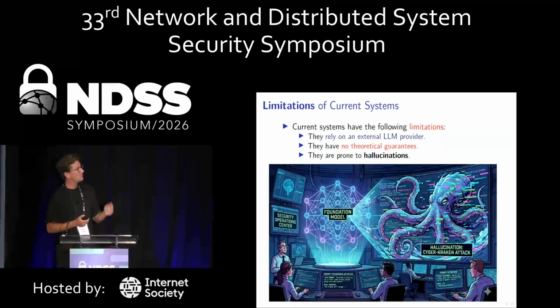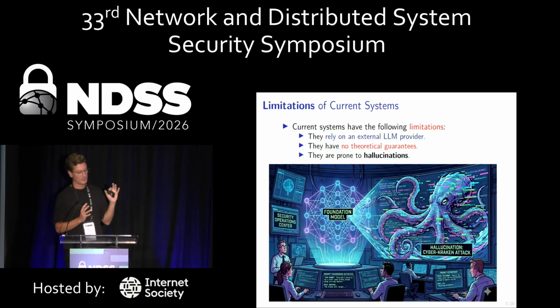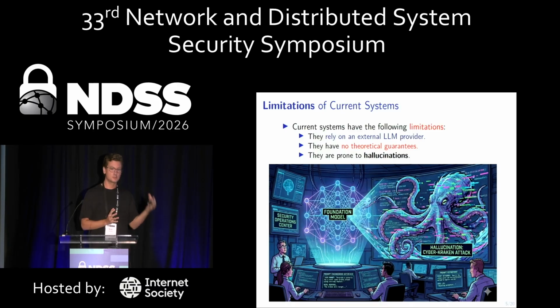And the second major limitation is that they are inherently unreliable. So they have no theoretical guarantees whatsoever. And most of the existing systems are also based on general purpose LLMs. They are not specialized for incident response. That makes them particularly prone to hallucinations.